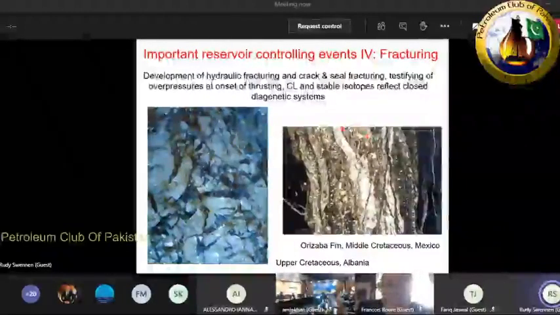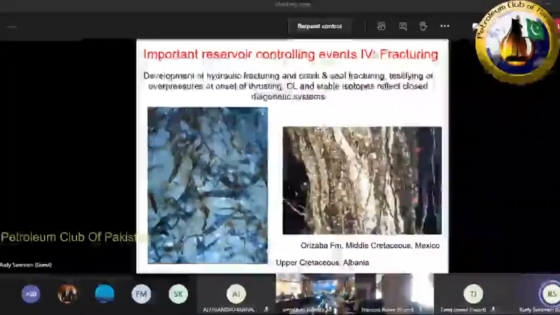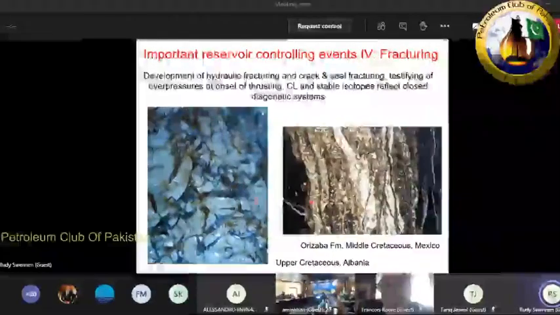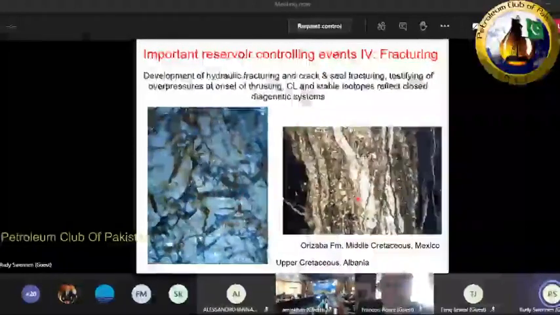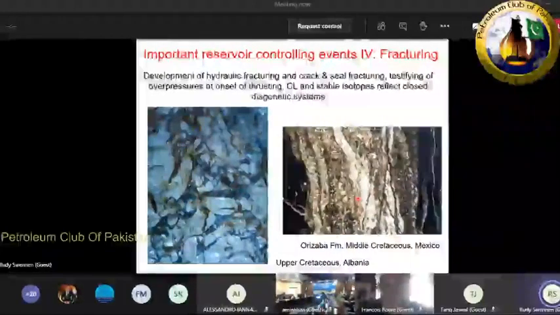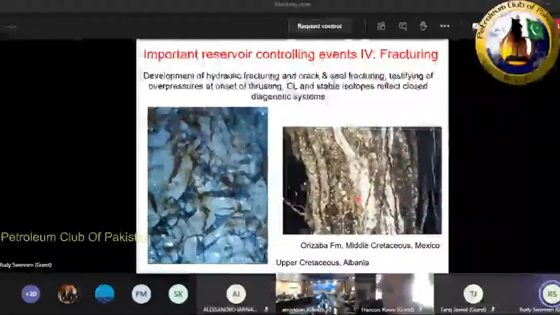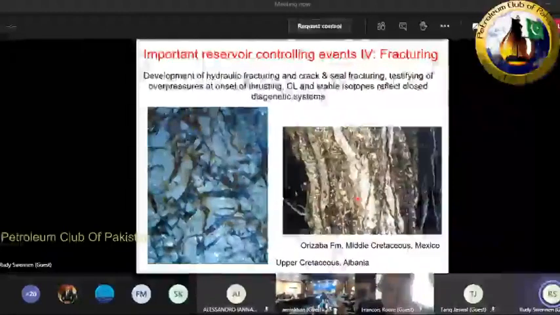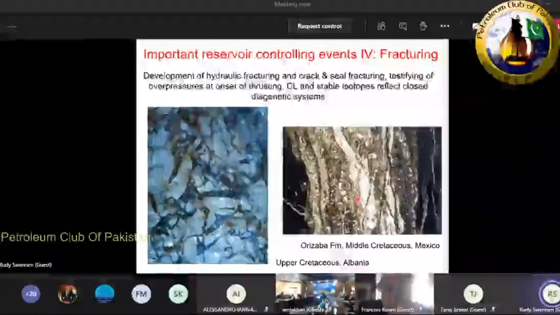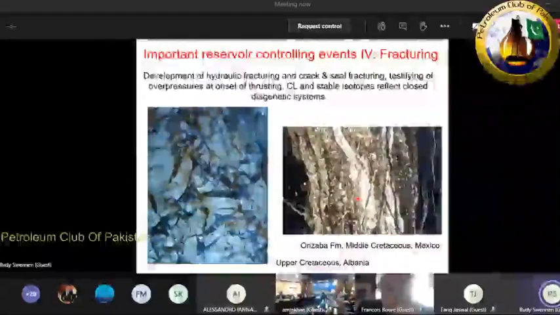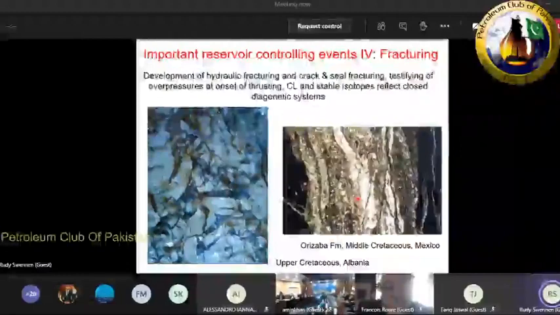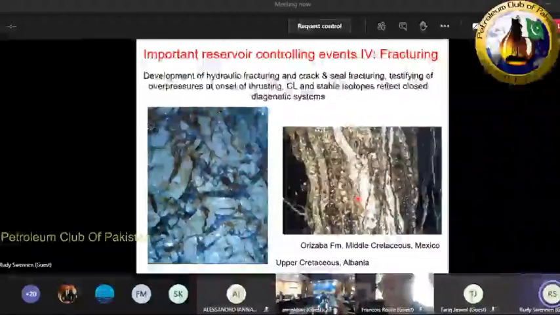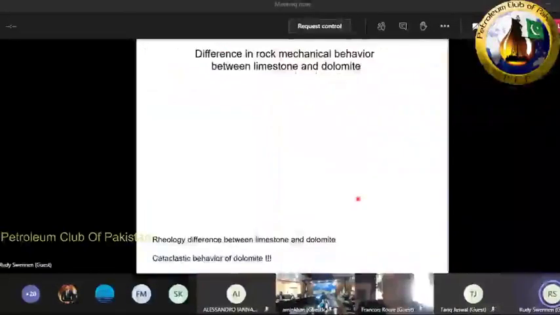Again, if you do the cathodoluminescence and the isotope studies, you can have an idea whether the fluids which were overpressured were testifying of a closed diagenetic system or an open diagenetic system. And if it's a closed diagenetic system, you do not expect much aggressive fluids to be involved because the system is buffered. However, if it's open, then you can have a lot of very special things.